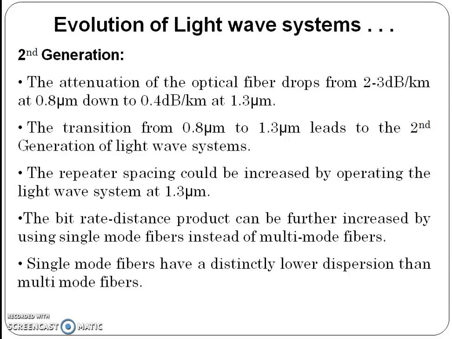The repeater spacing could be increased by operating the light wave system at 1.3 micrometer. The bitrate distance product can be further increased by using single mode fibers instead of multi-mode fibers. Single mode fibers have a distinctly lower dispersion than multi-mode fibers.